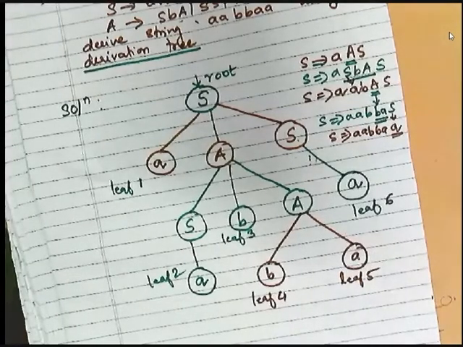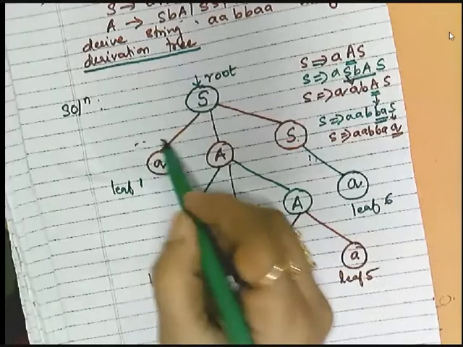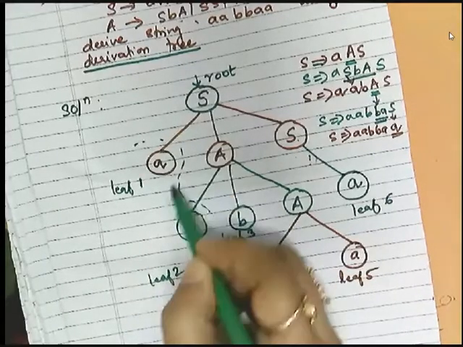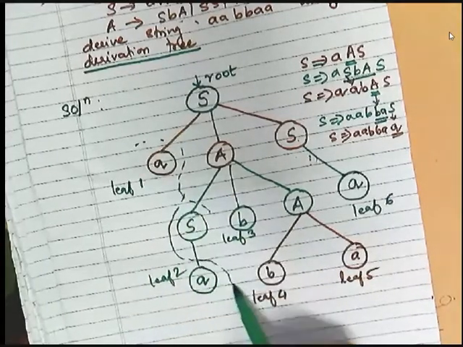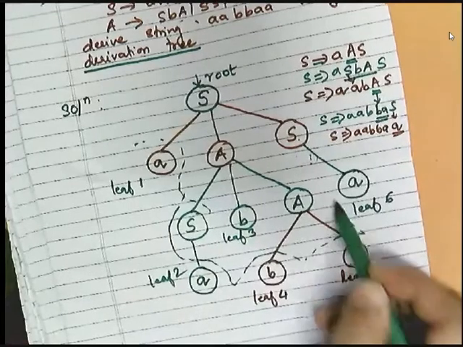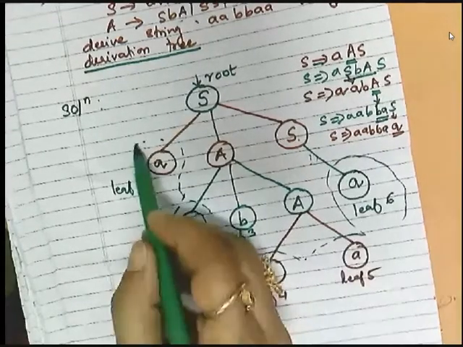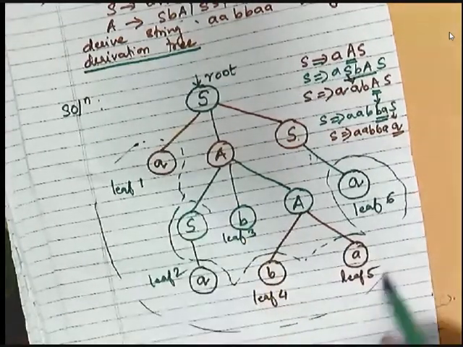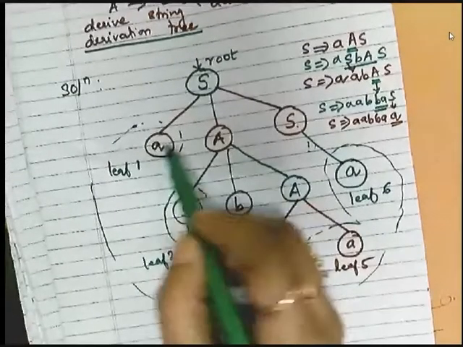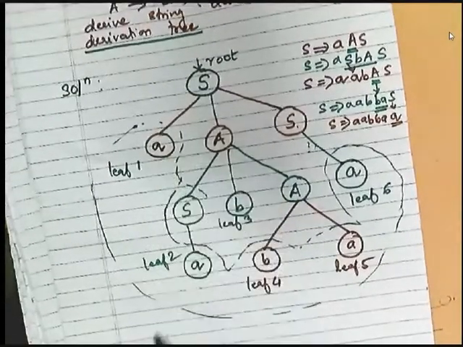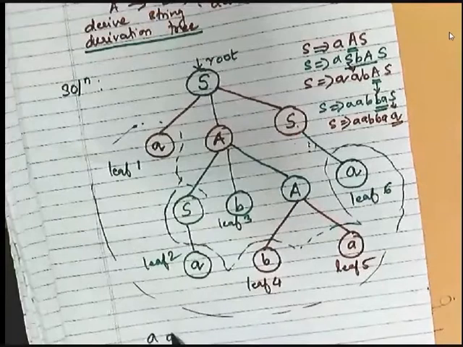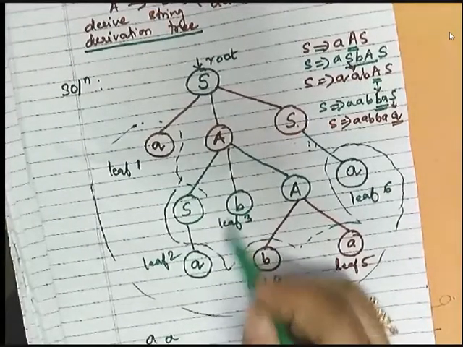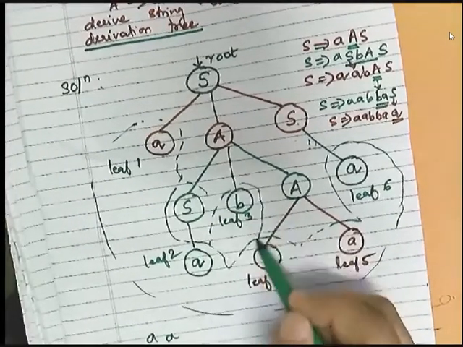Okay. So if you look at these leaves and combine them, you will get this A, leaf 2, then this is your leaf 3, it will be included.